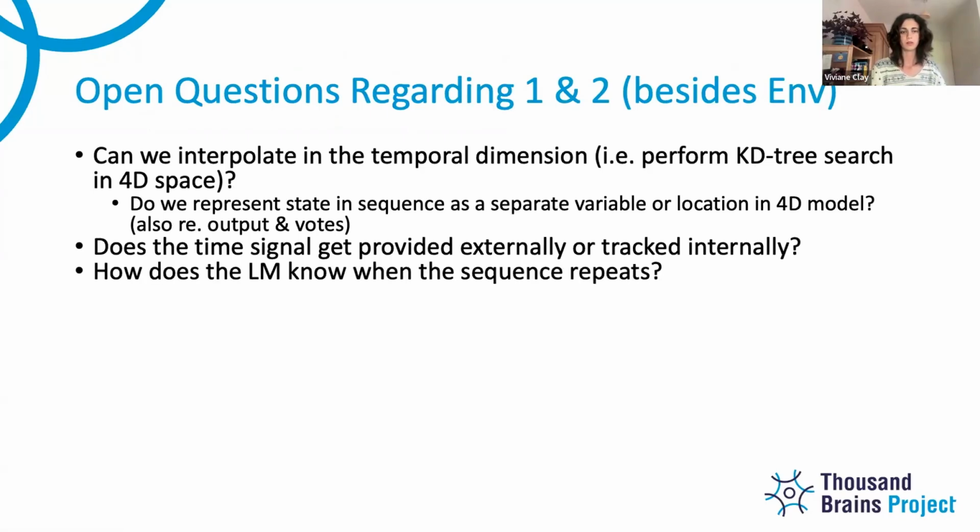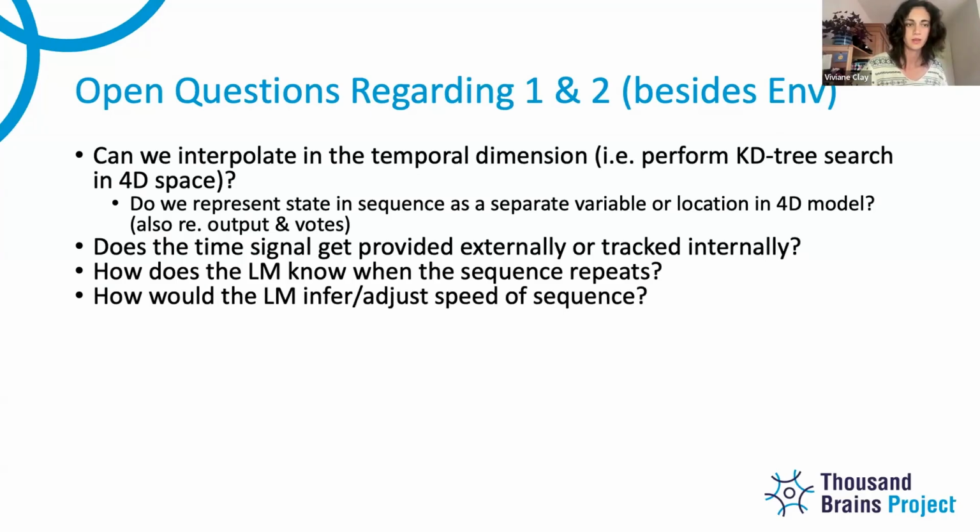How does the learning module know when the sequence repeats? I guess we also kind of talked about that. We will talk about this later, but this is still an open question to think about. How would the learning module infer and adjust the speed of a sequence?